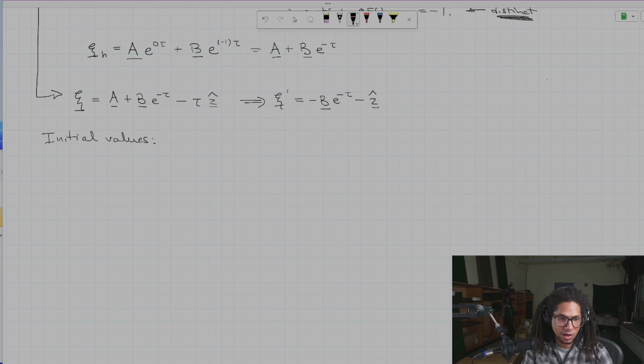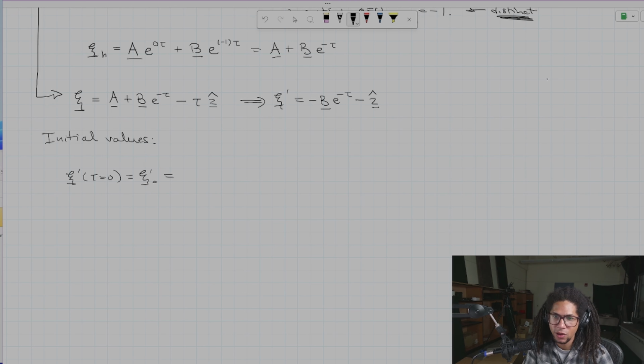In this case, it's going to make sense to start with C prime, which I've written up here. It's pretty straightforward to get it from C now that we have the full solution. So what do we have? For C prime at tau equals 0, we'll say that that value is C prime 0. That would be something we were given at the start of the problem.